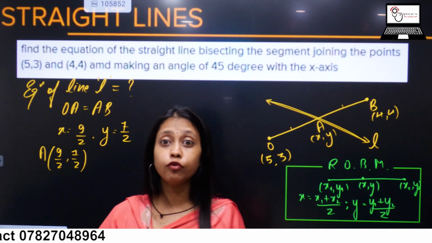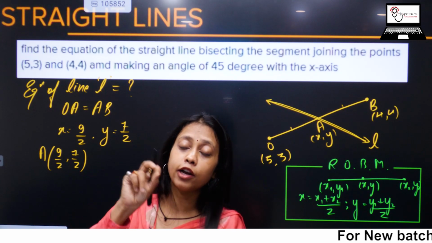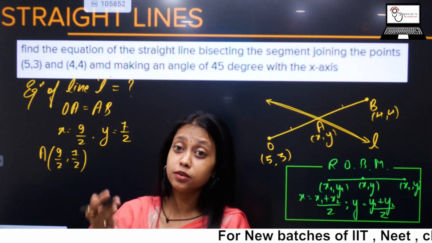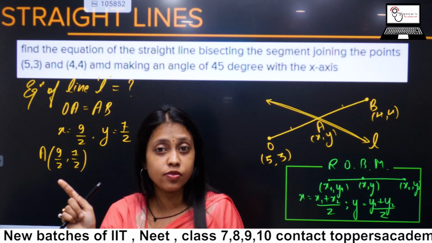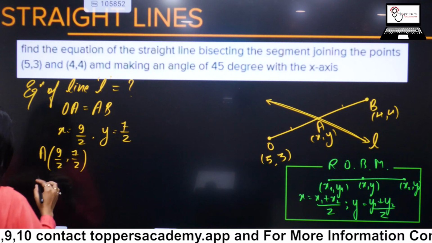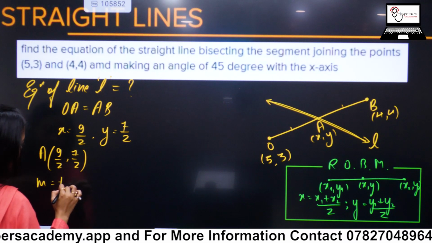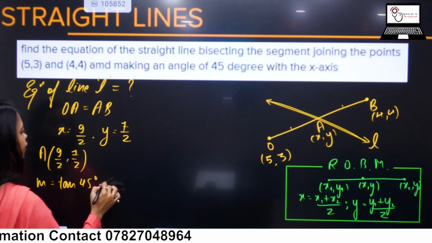Please don't forget the original formula. The two-point formula, (y2 minus y1) by (x2 minus x1), is deduced from the original formula m equals tan theta, but don't forget the actual definition. So m is equal to tan 45, which is 1.